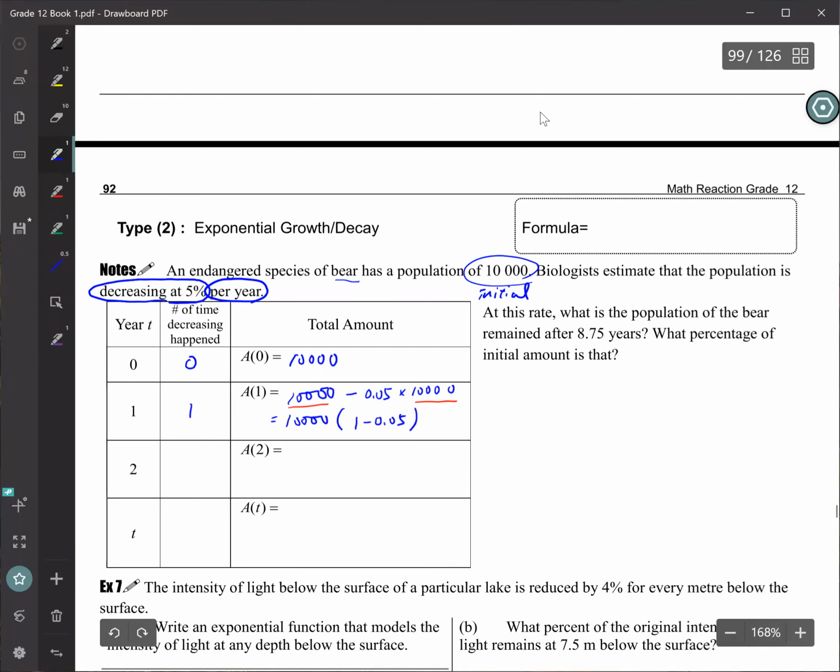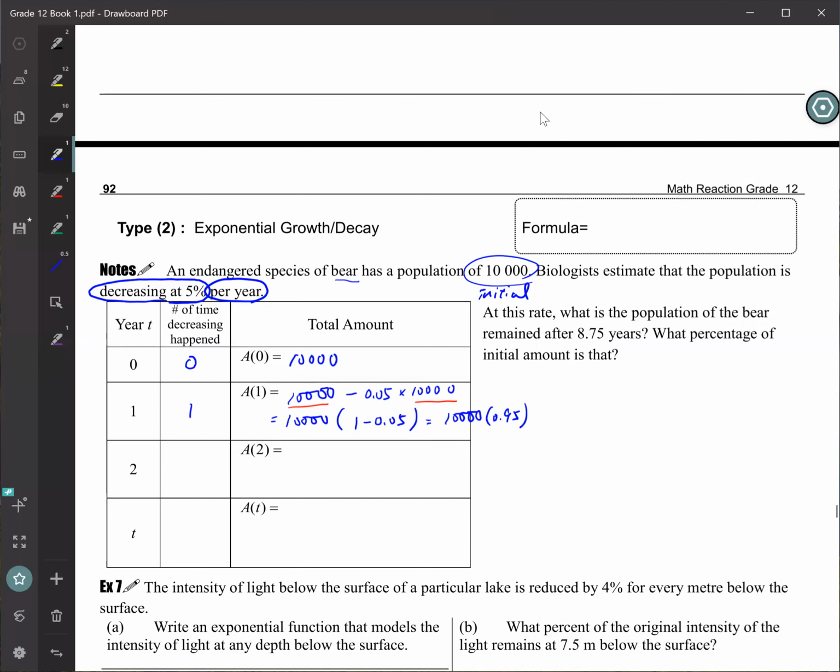So the 0.95 that Irae said came from 1 minus 0.05. 1 is like 100%, meaning it has no change, and 5% is the amount of change. So we can write it down as 10,000 times 0.95.